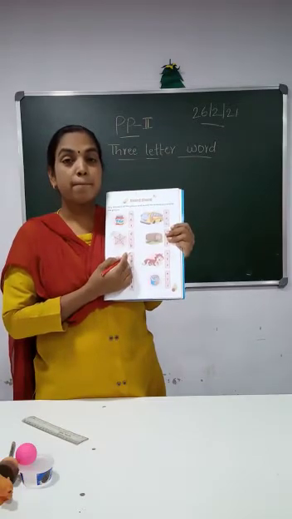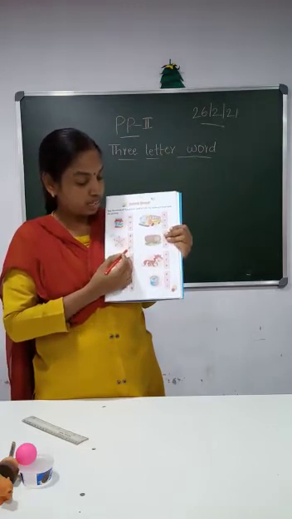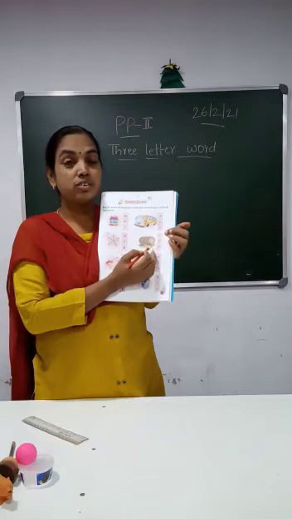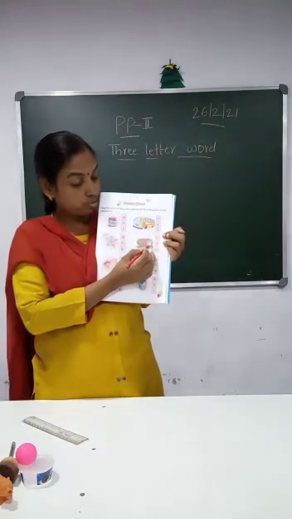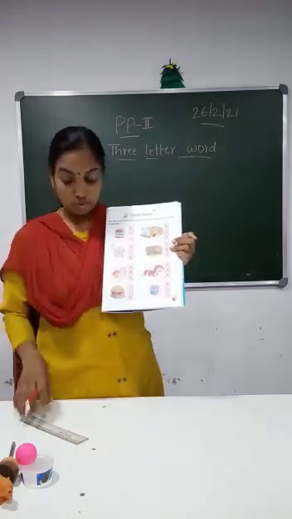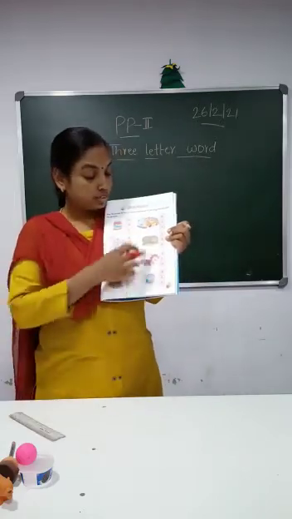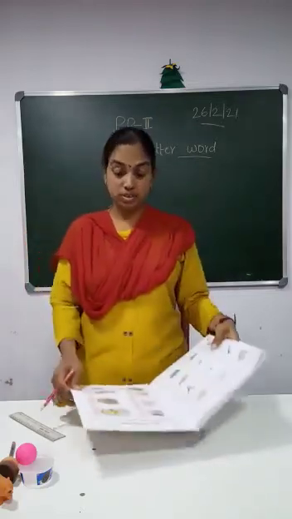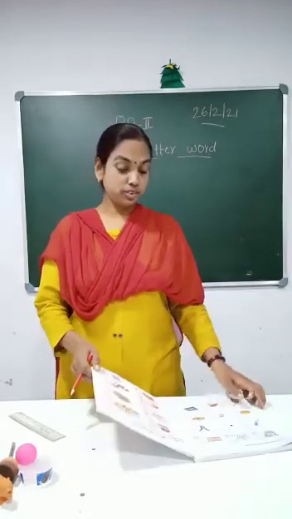Ending sound is B. So you will match this B. Log. Log. Ending sound is G. G sounds G. So you will match here. So all this you will do it as a homework. So make sure you will use the ruler when you match the alphabets to the picture by reading the ending sound of the pictures. And the page number will be sent on WhatsApp.